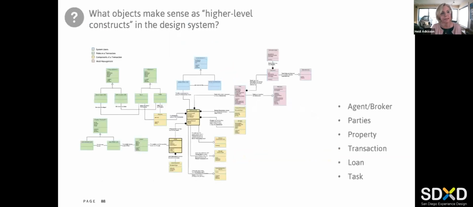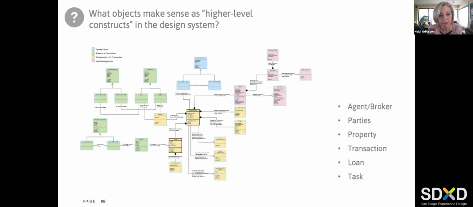So I really think a model is great for helping you identify what sort of things make sense as higher level constructs in a design system. Here I've referred back to the model that I did for the escrow system. You can see we were able to identify some organism level things here as appropriate for their design system.